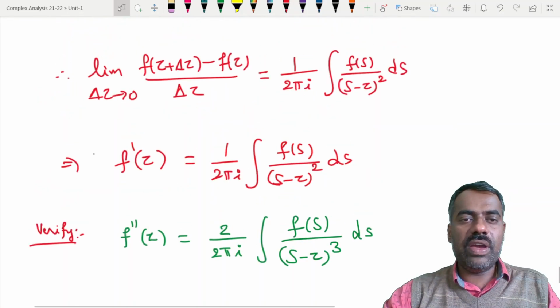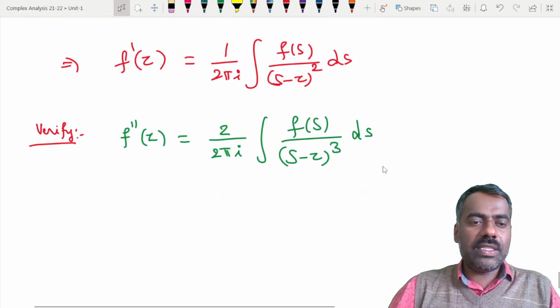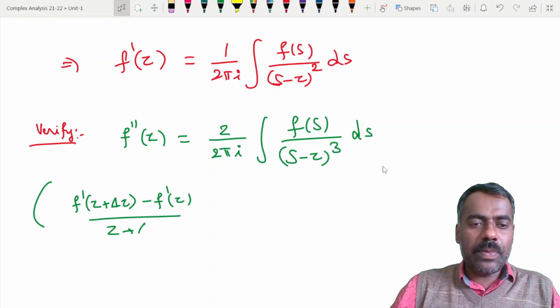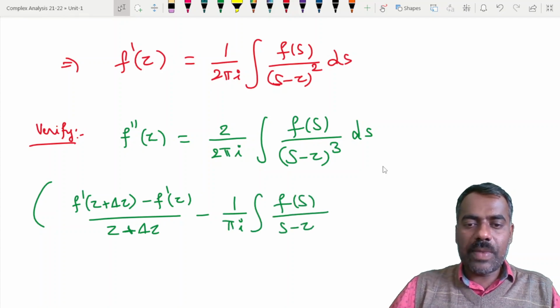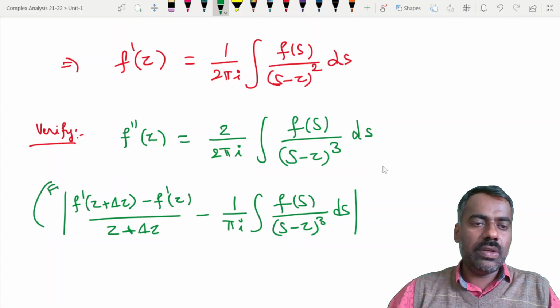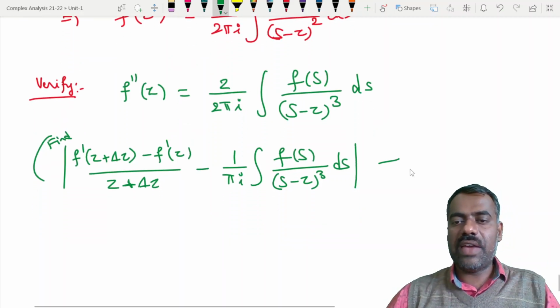Just like how we found the difference here, and we already have f dash of z, which is in the form of Cauchy integral formula type. So just find f dash of z plus delta z minus f dash of z upon delta z minus this 2 by 2 pi i, if at all it gets cancelled, integration of f of s by s minus z whole cube ds. Find this value and show that this tends to 0.